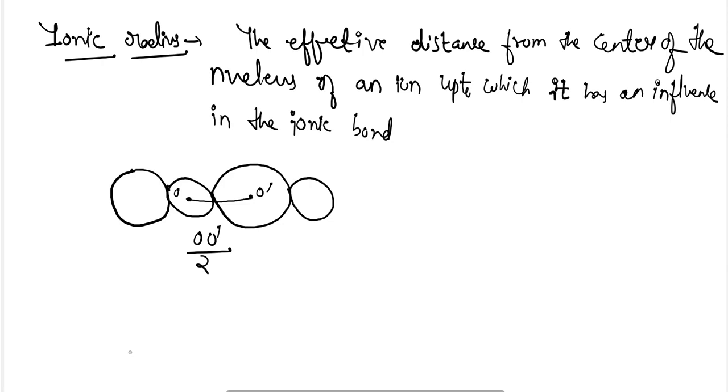Okay, so what is the trend here for the ionic radius for the elements in the periodic table? On moving in the period, on moving from left to right, we will see that the ionic radius is decreasing.